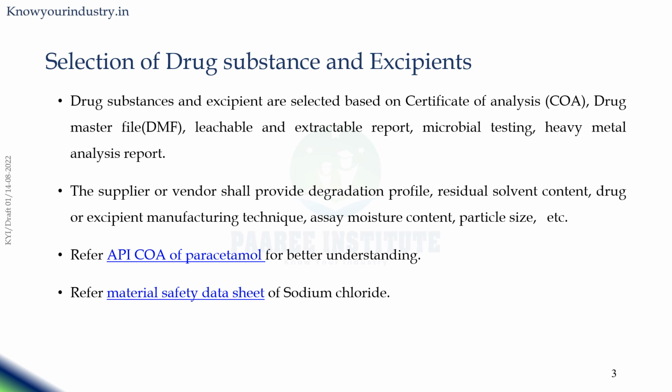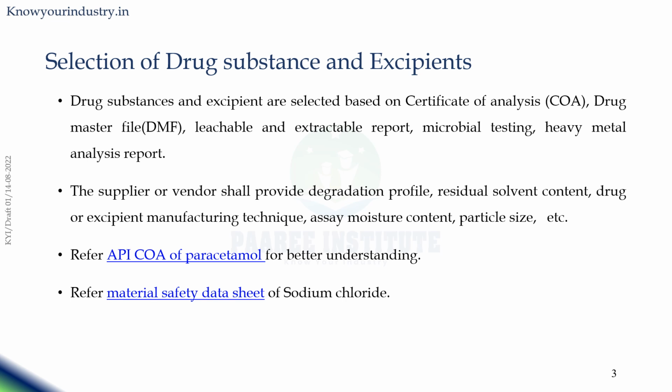Whenever we develop any formulations for ANDA or NDA, the DMF is an important file needed for any of the active pharmaceutical ingredients. A formulator should ensure that the DMF is in place for any active pharmaceutical ingredient.